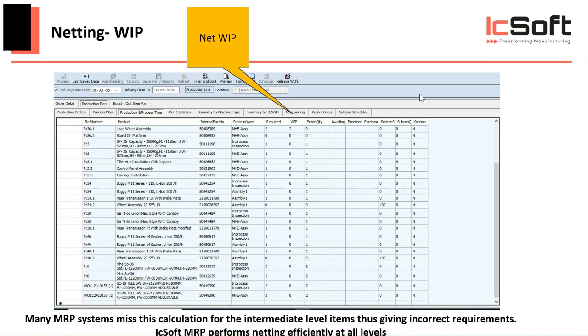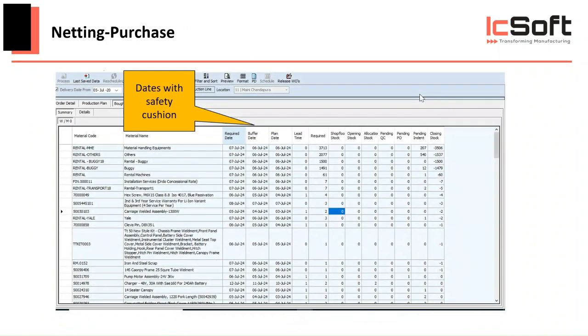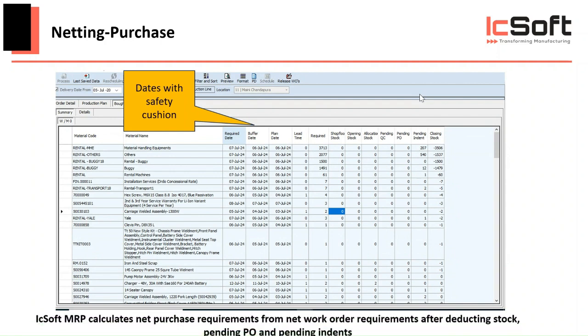So here, using the same principle, we see the net WIP getting calculated, and the net WIP requirements drive the netting of purchases. So explosion of net WIP requirements generate purchase requirements, where two types of netting are occurring.